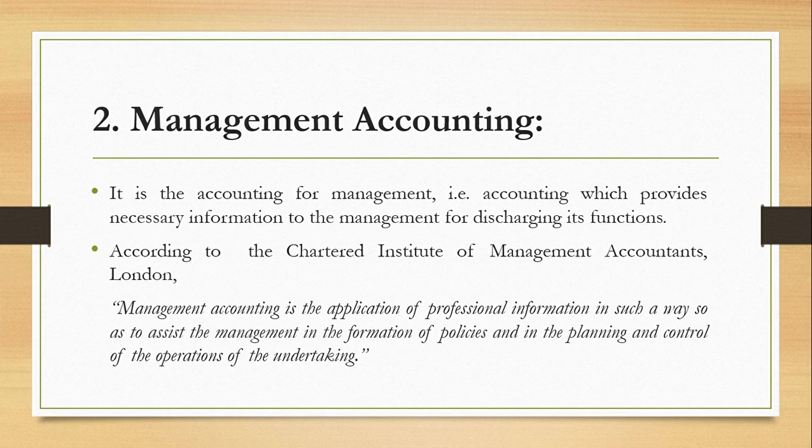Then the second most important branch is management accounting. It is accounting for management, which provides necessary information to the management for discharging its functions. According to the Chartered Institute of Management Accountants, London, management accounting is the application of professional information in such a way as to assist the management in the formation of policies and in the planning and control of the operations of the undertaking.